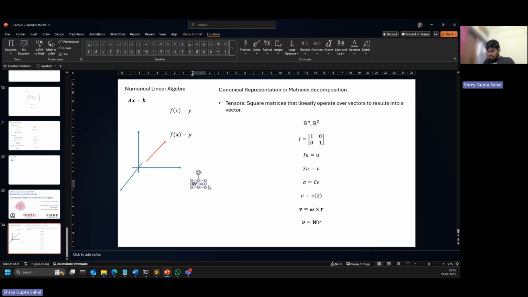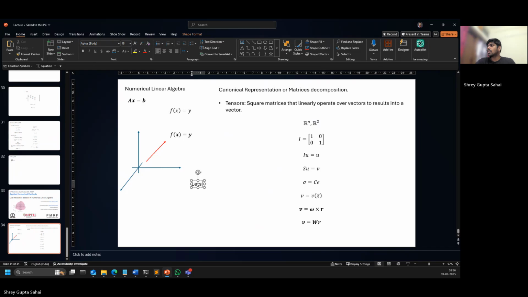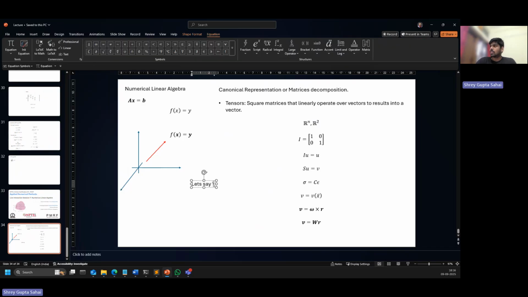So W, Q, and R. Suppose this vorticity vector omega is omega j hat, or I hat, let's say.